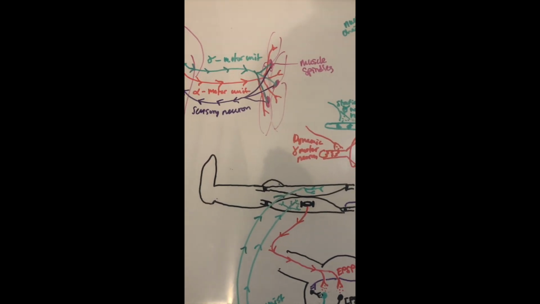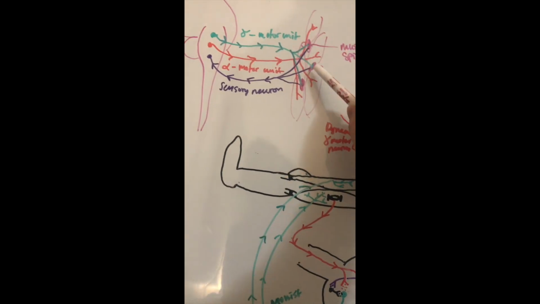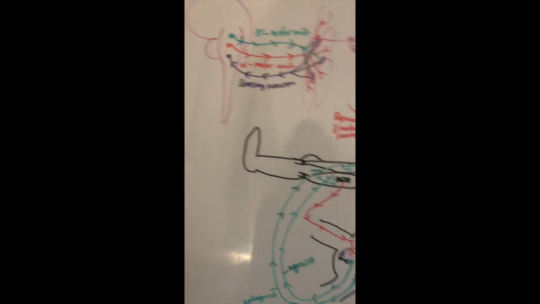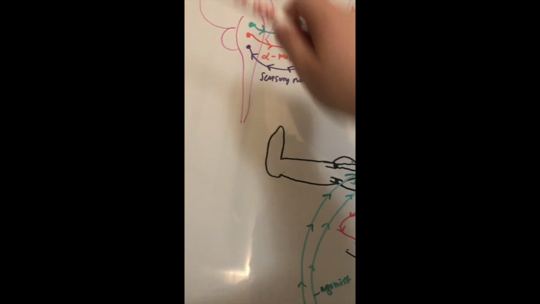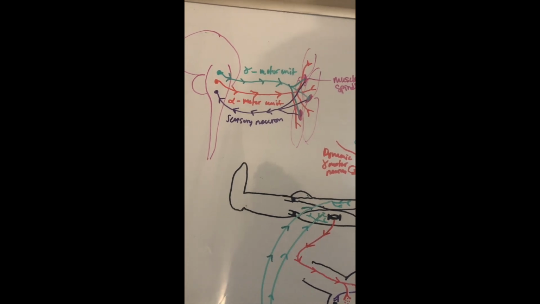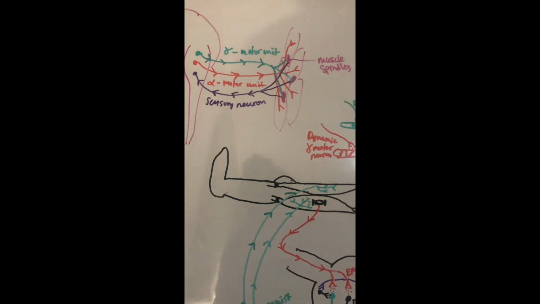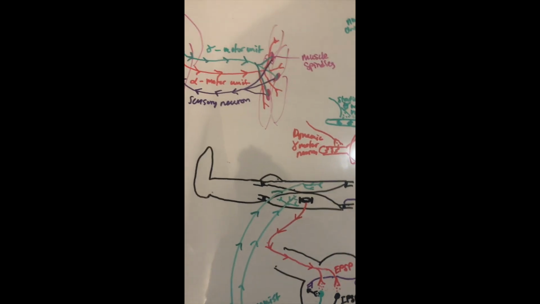Now, when these muscles are stretched, for instance, the muscle spindles are these things right here, and they sense that stretch and they go, hey, we're a little uncomfortable with change here, knock it off. So they then send signals through the sensory neuron back to the brain so that the brain can be like, okay, we're stretching too much, let's contract these muscles to save them. And so that is our gamma motor unit that comes back to the spindle fibers saying, hey, contract.